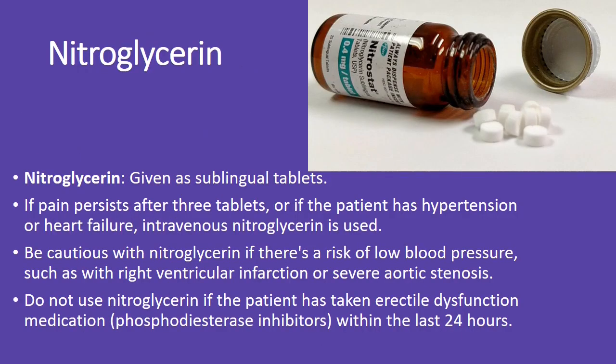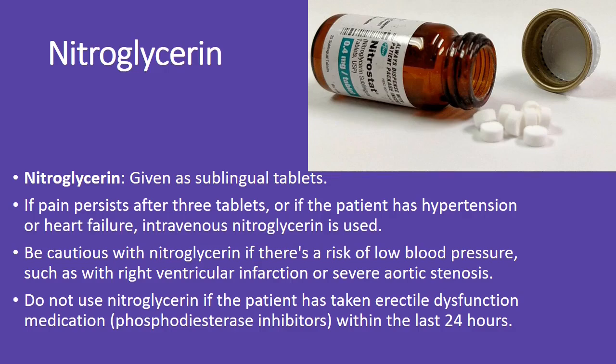When it comes to nitroglycerin, we usually use sublingual tablets. We can give up to 3 tablets, but even after that, if the pain is persisting, you can go for intravenous nitroglycerin therapy. If the patient is having hypertension or heart failure, even without pain, you can go for IV nitroglycerin.